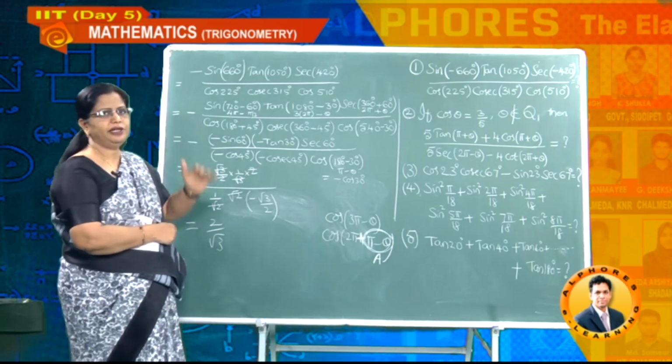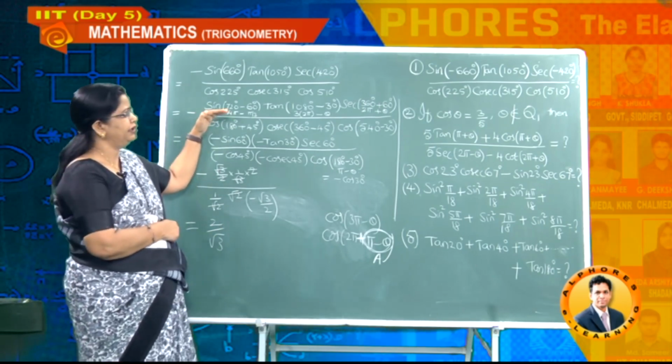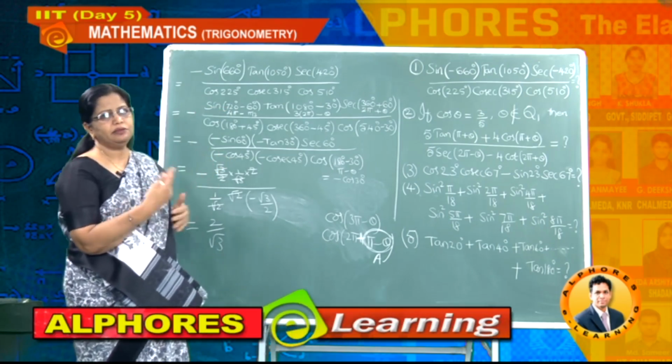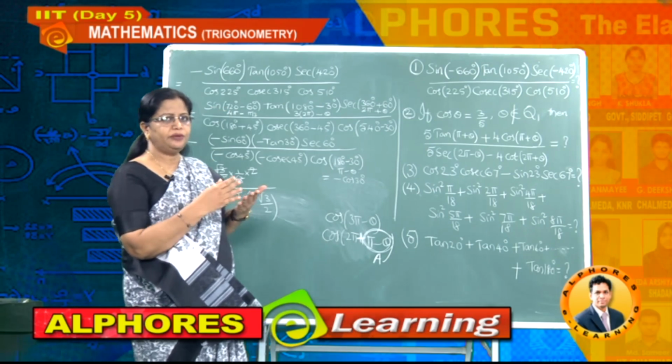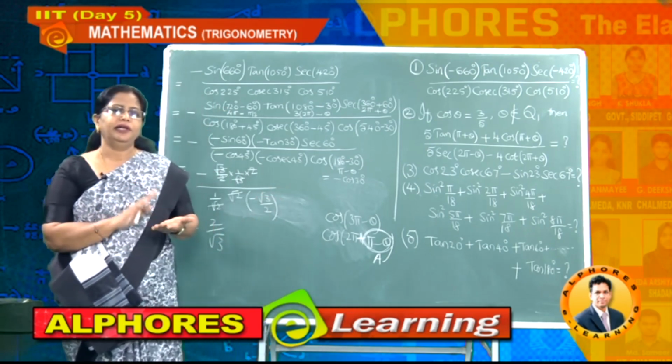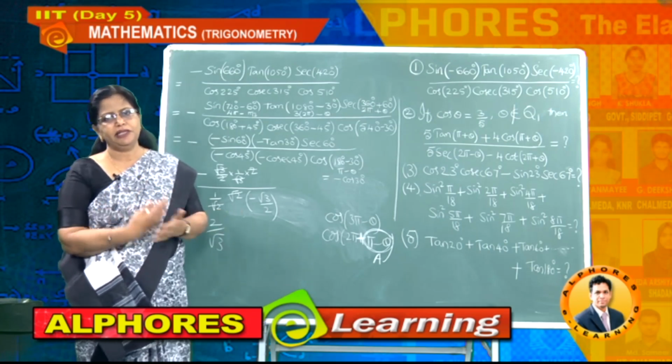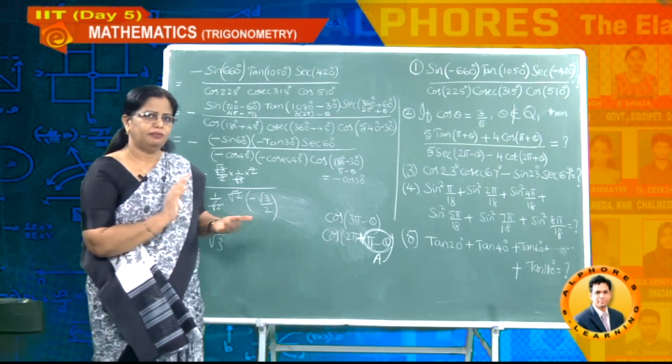So what are the important steps you should be aware of in this problem? Splitting the angles in terms of known values, and those known values are 180 plus, 180 minus or their multiples, 360 plus, 360 minus or their multiples.